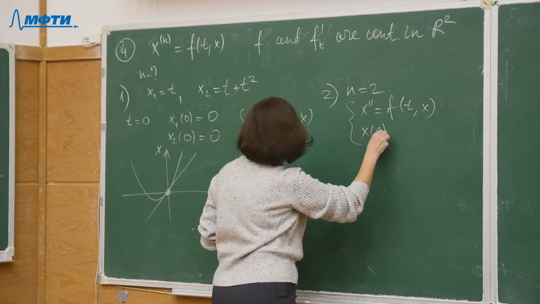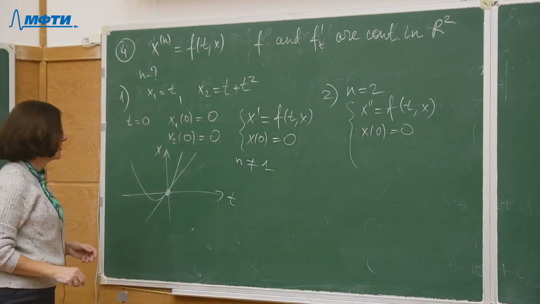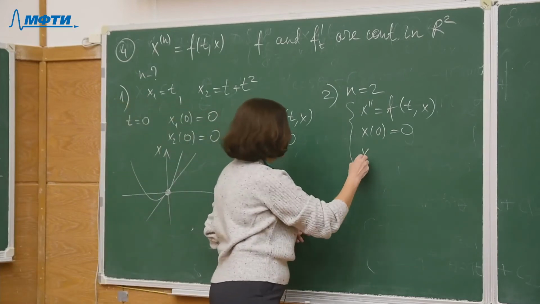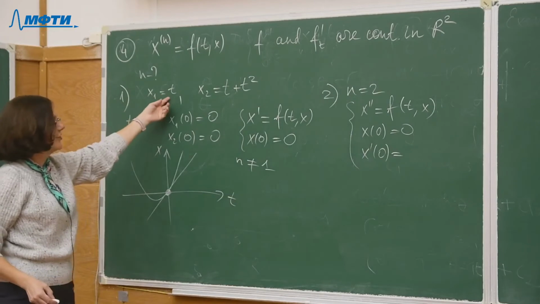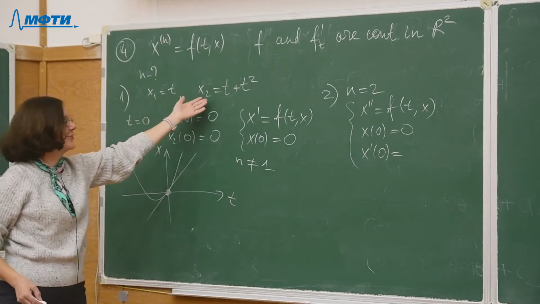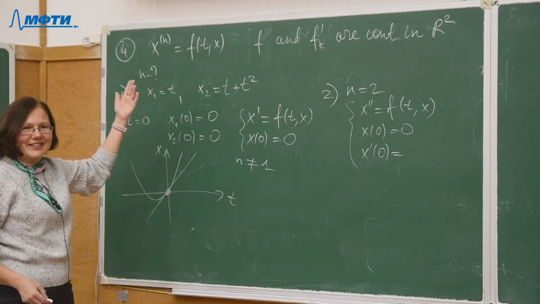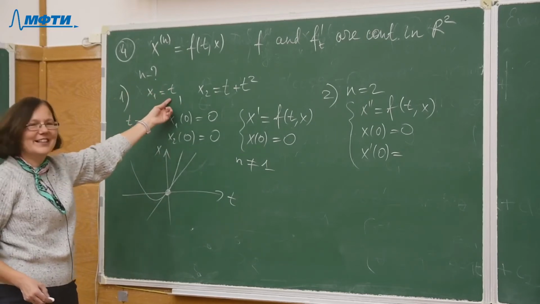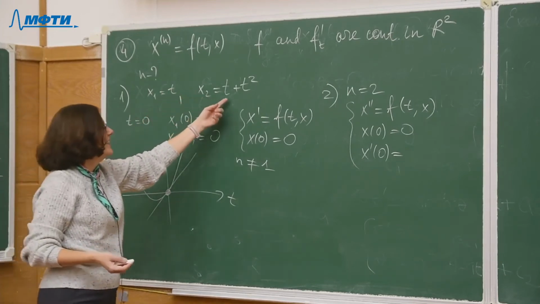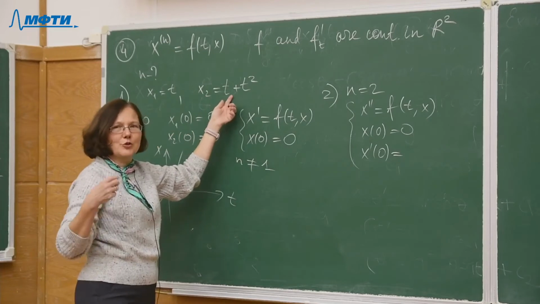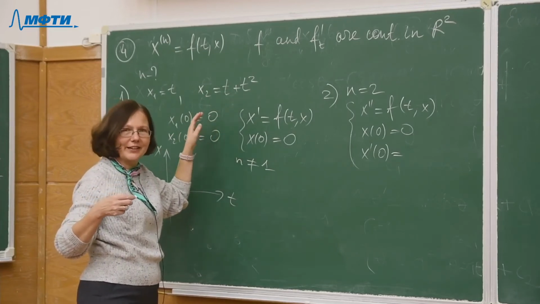x of 0 equals 0, and what about x prime of 0? So you should differentiate these two functions and find their derivative at t equals 0. Differentiate this with respect to t. The derivative is 1. Here the derivative is 1 plus 2t, but if we substitute 0 for t, we will get 1 again.